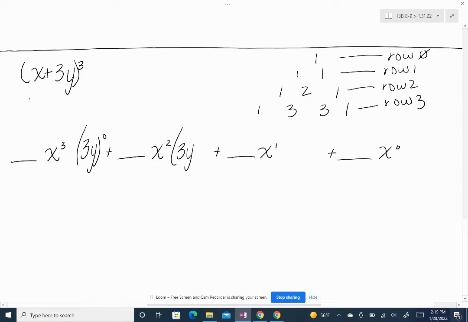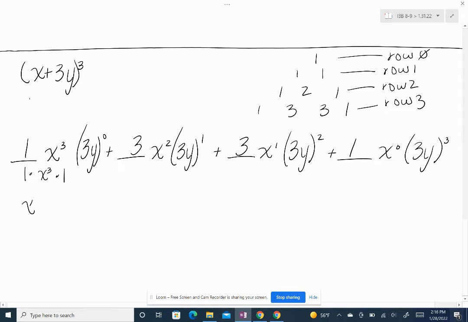Parentheses 3y power of 1. Parentheses 3y squared. Parentheses 3y cubed. Okay. And then we have our coefficients 1, 3, 3, 1. Okay. Whew. Looks dangerous. All we got to do is simplify. Okay. This is 1 times x cubed times 1. So I just get x cubed.